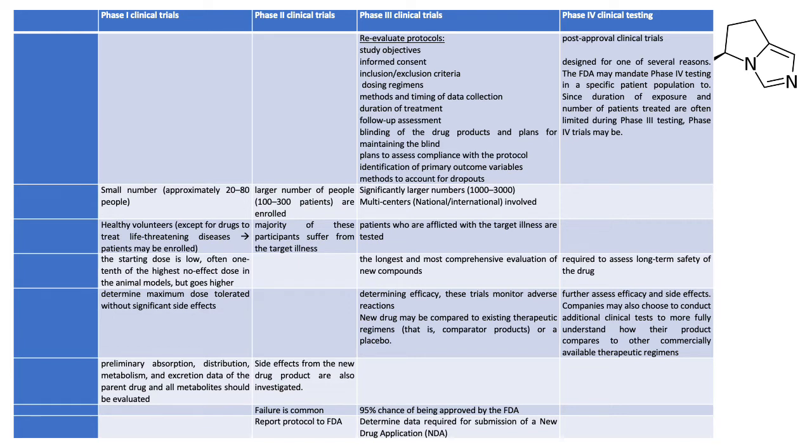So like protocol of the study, informed consent, study objectives, people who are included or removed from the study, like inclusion and exclusion criteria, dose regimen, like dose, how many times per day for a certain duration of time. This is the dosing regimen.